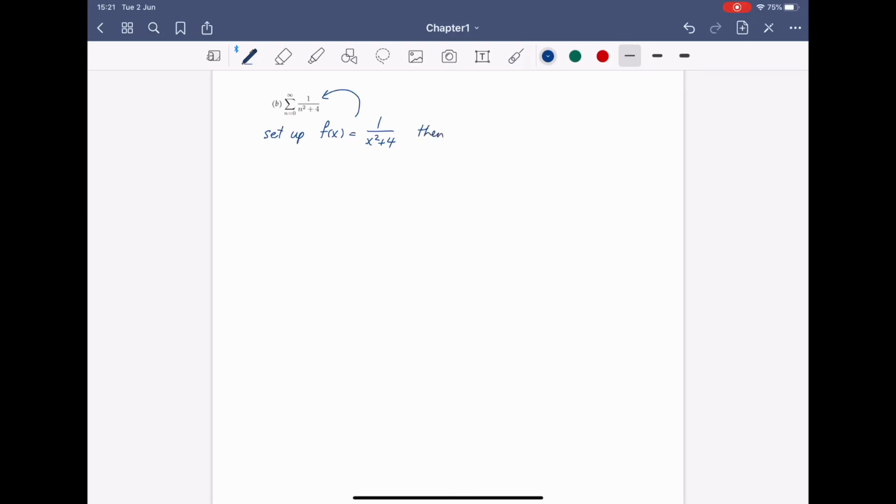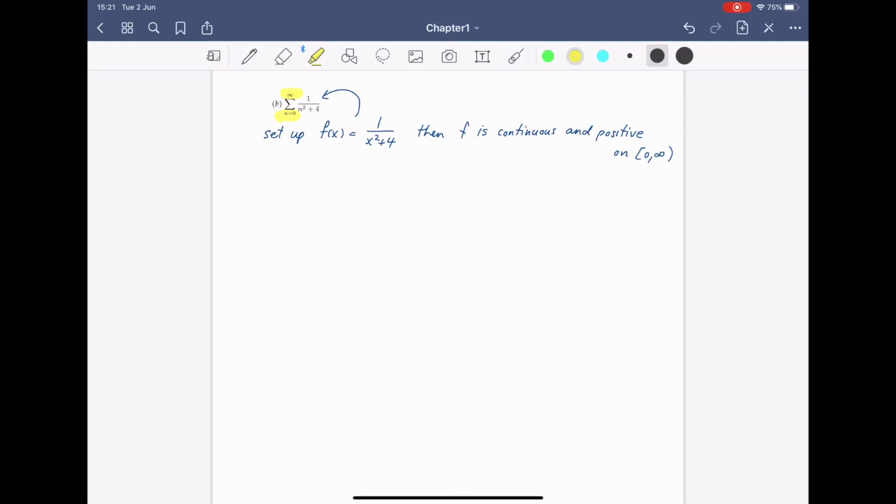Then we can see that f is continuous and positive on the interval 0 to infinity for sure, because you start from 0, and f is continuous and always positive.